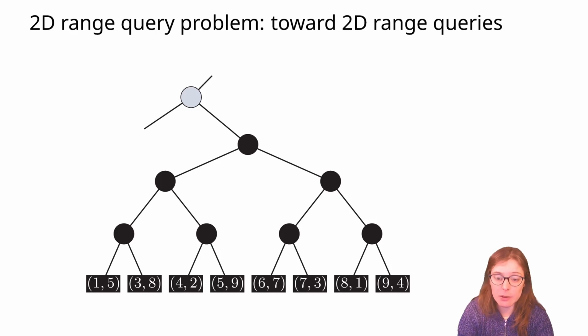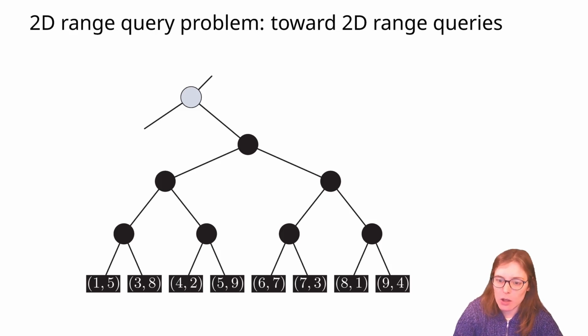And now, instead of reporting all of them, we need to figure out how to filter out the points with the y coordinate lying outside of the range of interest. If we simply check for each black leaf if it falls inside the range or not, this will be too slow. We may spend a linear amount of time in the number of black nodes and not report anything. We need to do something smarter.